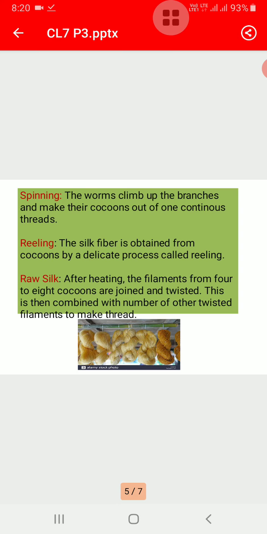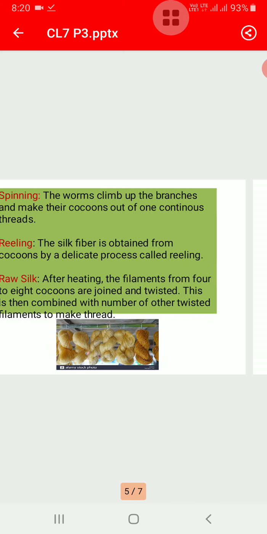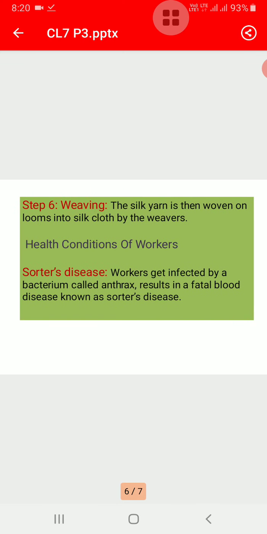This is then combined with a number of other similarly twisted filaments to make a thread that is wound on a reel. The resulting thread is known as raw silk. The raw silk yarn is then woven on looms into silk cloth by the weavers.